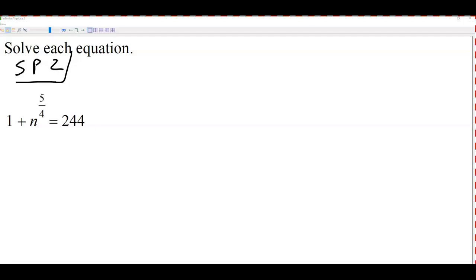Check your strategy and outcome with a neighbor. It shouldn't take too long. We're just doing the first step. I'll give you the rest of the answer in a minute. Just the first step.